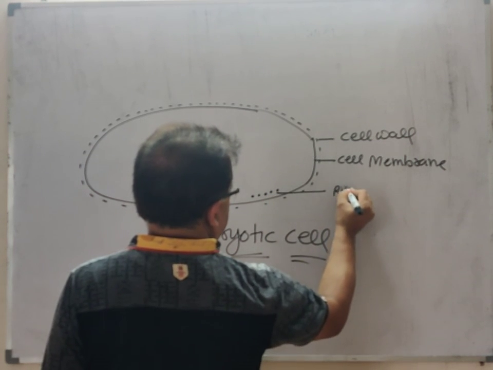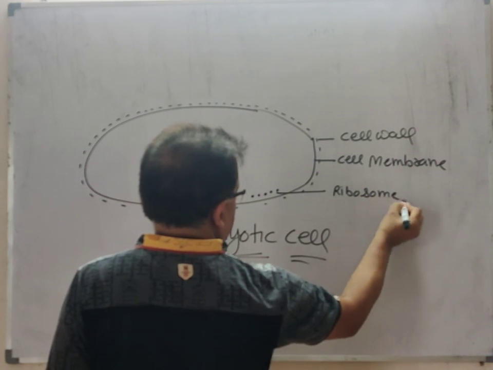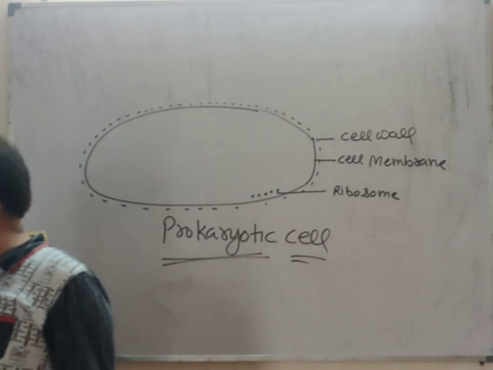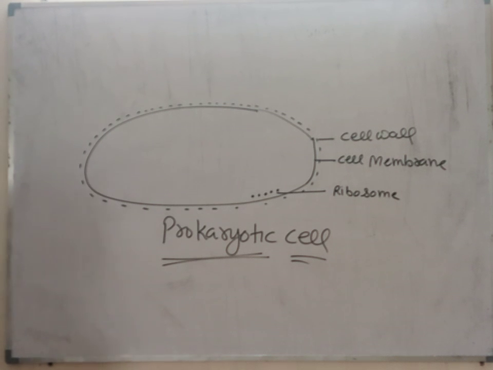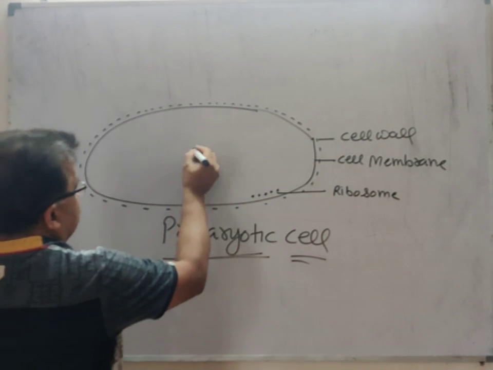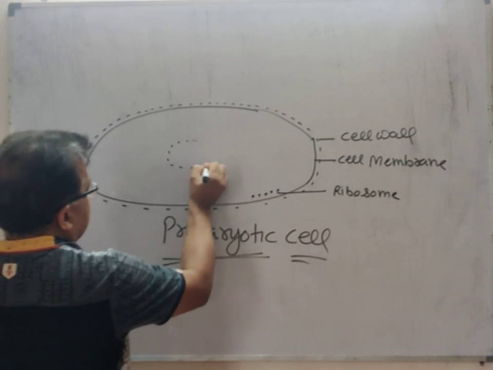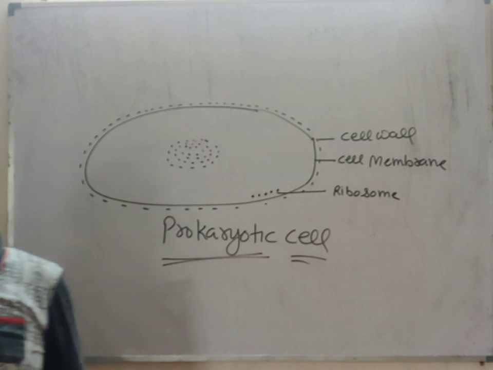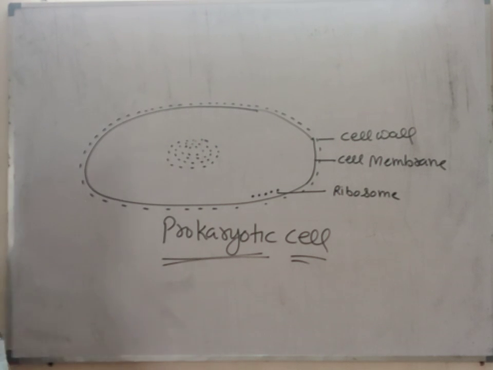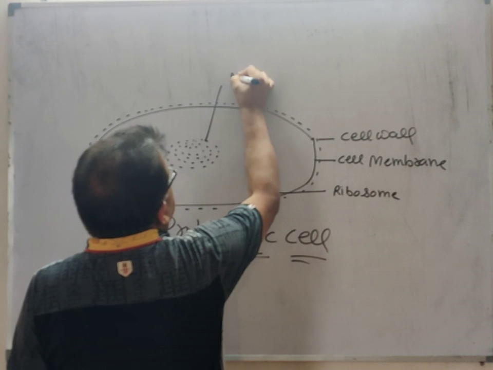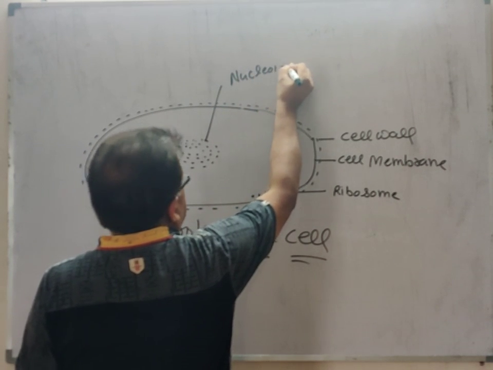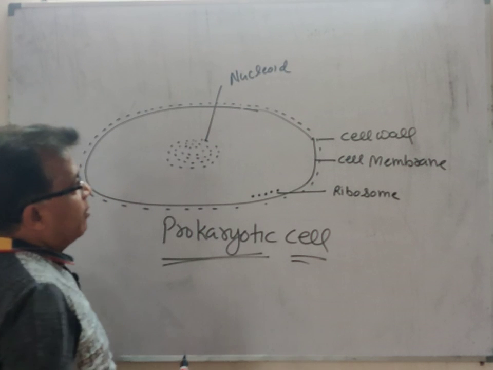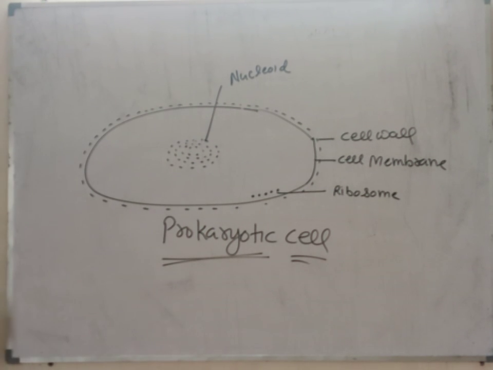These are ribosomes. In center, in prokaryote I have told you there is no nuclear bound region, so here you can show a nuclear region which is known as nucleoid. It is not nucleus, it is nucleoid. So here we shall show nucleoid.